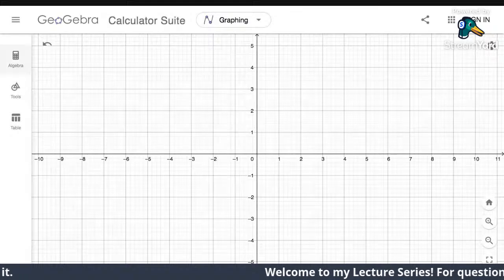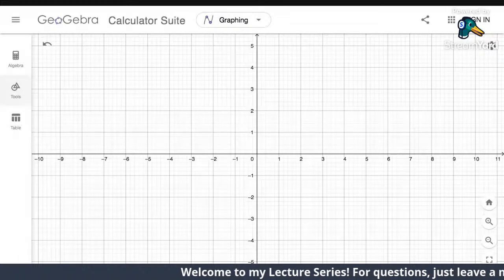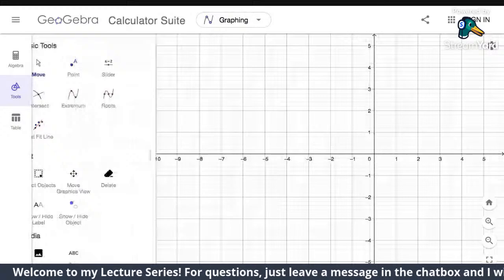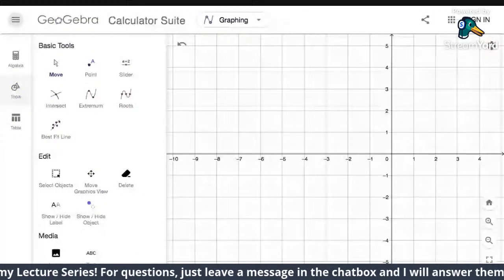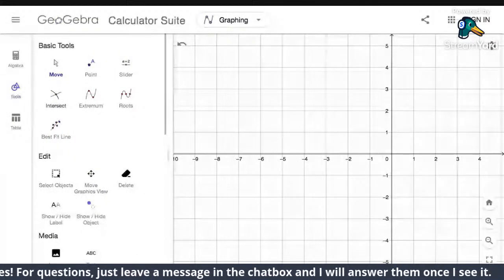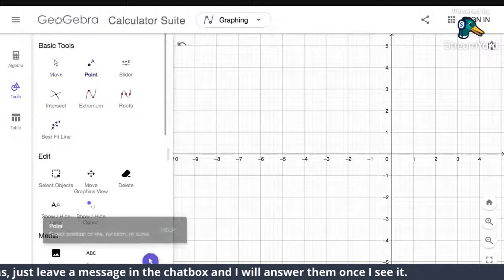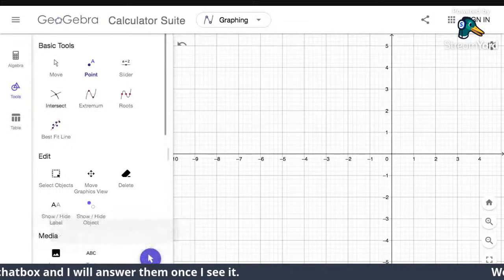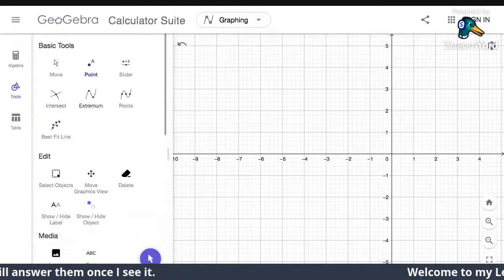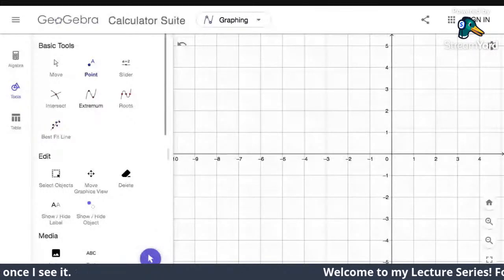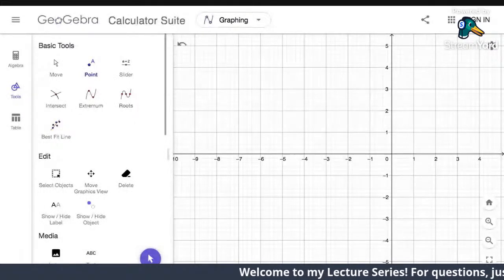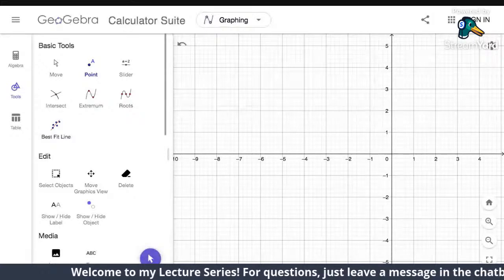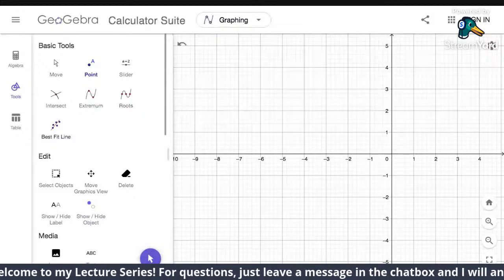If you would like to use your GeoGebra calculator, this is how you do it. There are tools here. You can move, create a point, create a slider, intersect lines, and also draw extremum, roots, and a best fit line, if you would like to find out how scattered the given points are.